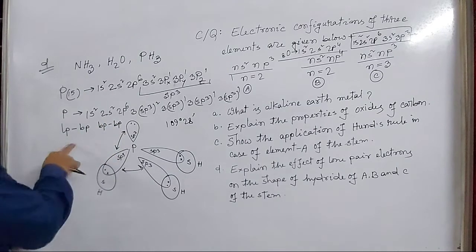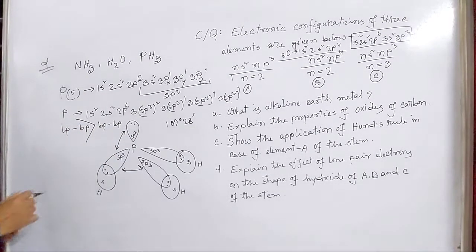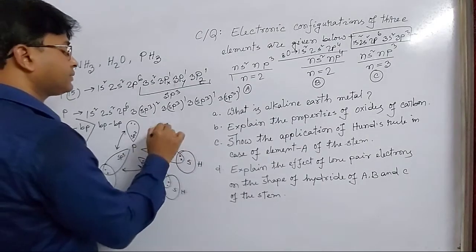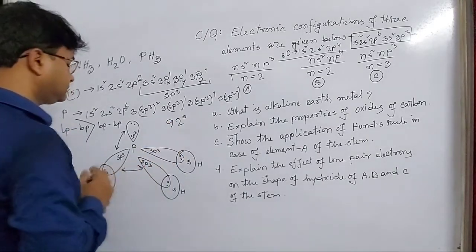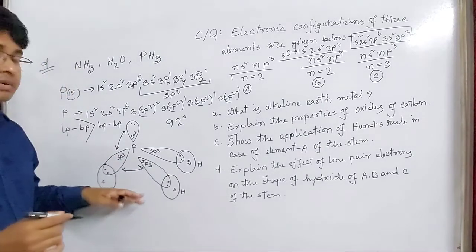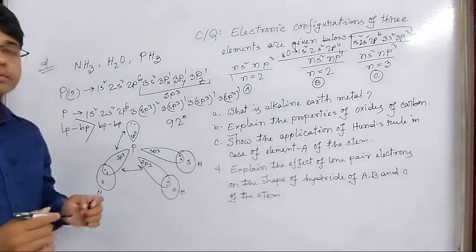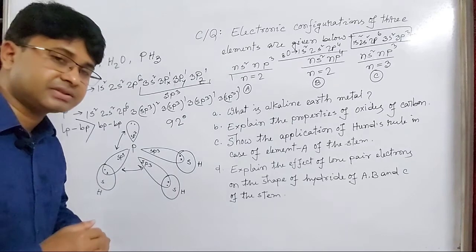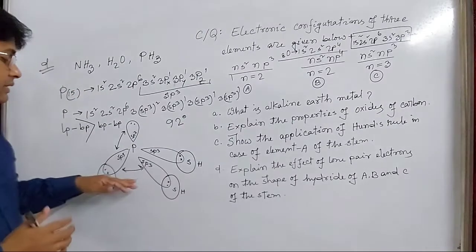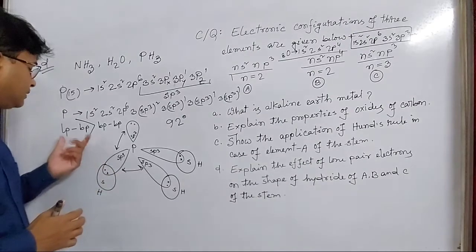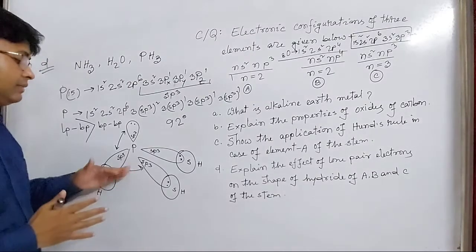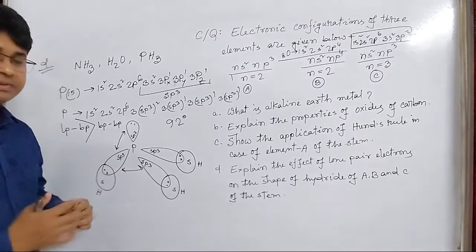But the lone pair bond pair repulsion is greater than the bond pair repulsion. That's why the bond angle is decreased and it becomes 92 degree, and the molecular shape is pyramidal. It is stated that in case of sp3 hybridization, the molecular shape is tetrahedral, but as the lone pair bond pair repulsion is greater than bond pair repulsion, the molecular shape is pyramidal.